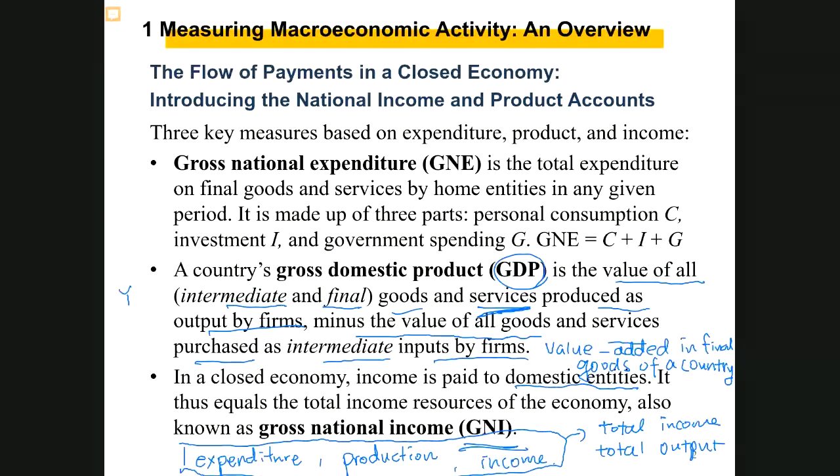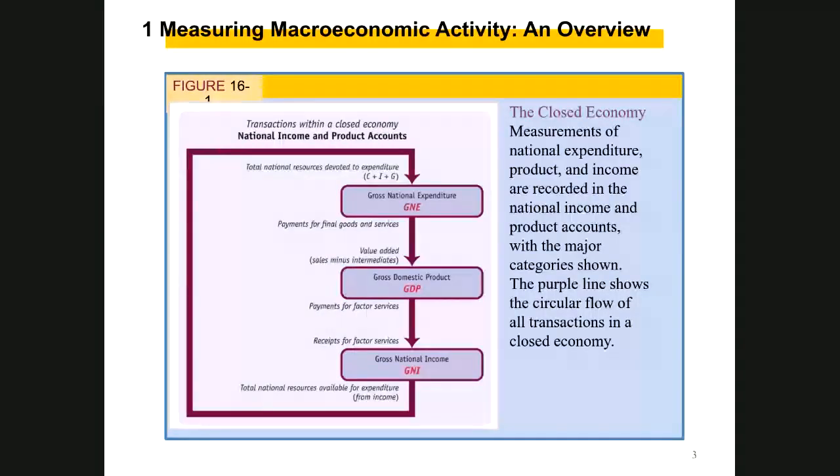Okay, so we want to take a deeper look at the differences between those terms in this chapter. So the book just tells you if I aggregate consumption, investment, and the government spending, this is my national expenditure, right? And then if I add the value added of the goods, this becomes domestic product, right?